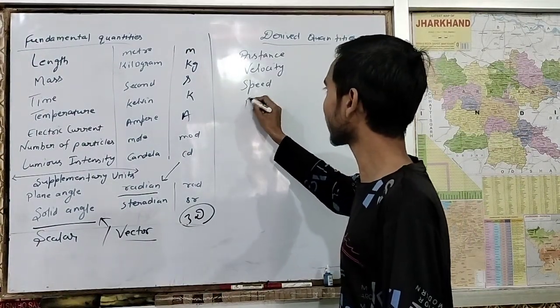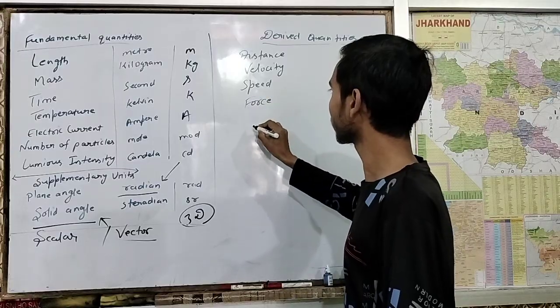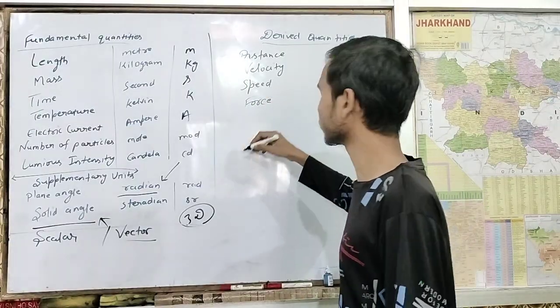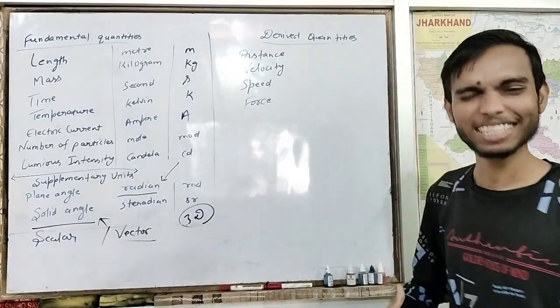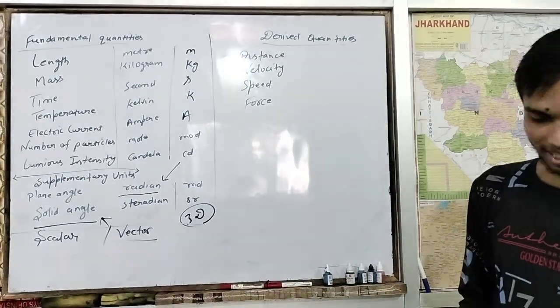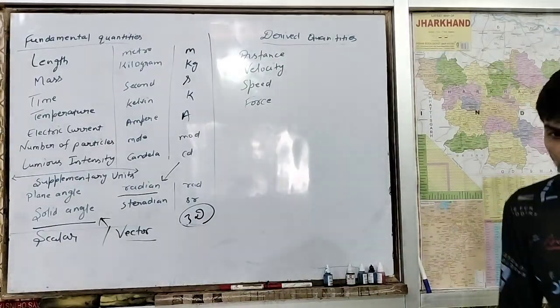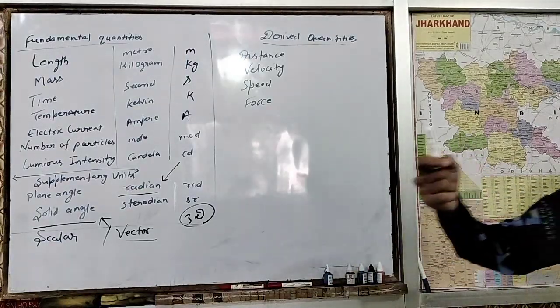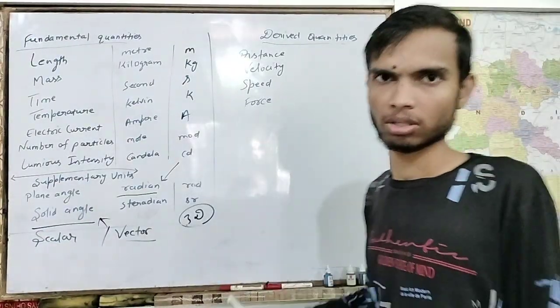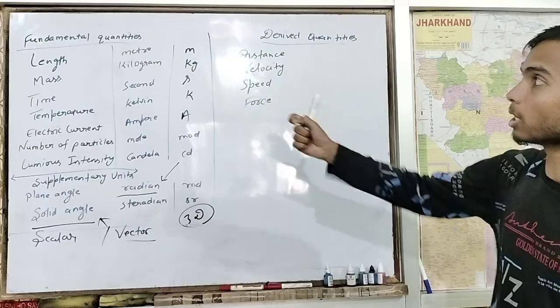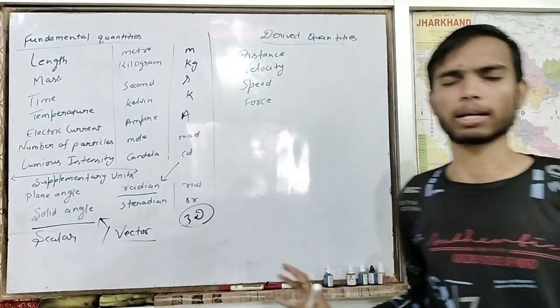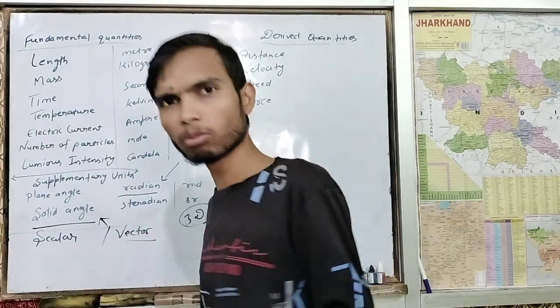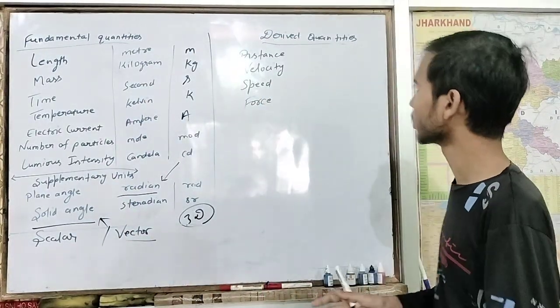Then we have force, momentum, and more, unlimited. There are a lot of derived quantities. Here, one thing you will observe is that all these derived quantities depend on fundamental quantities. I will show you with proof.